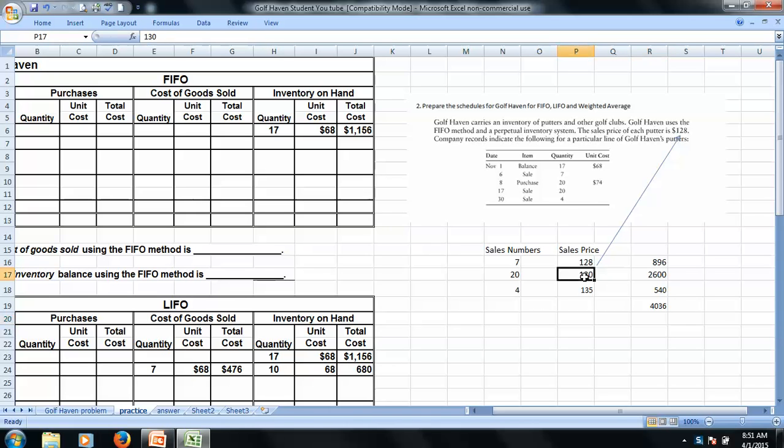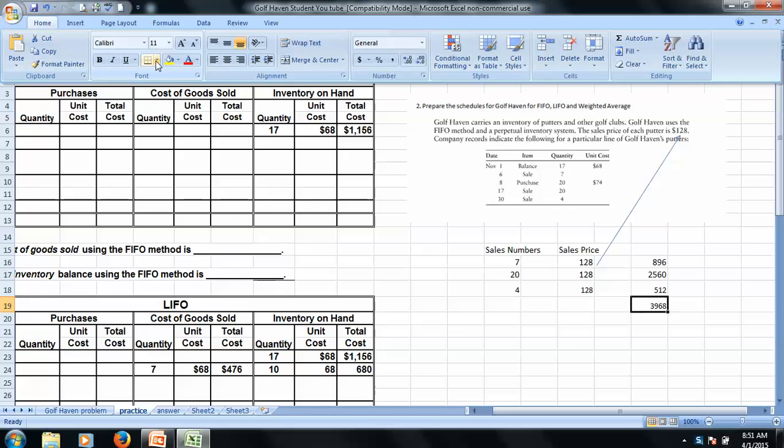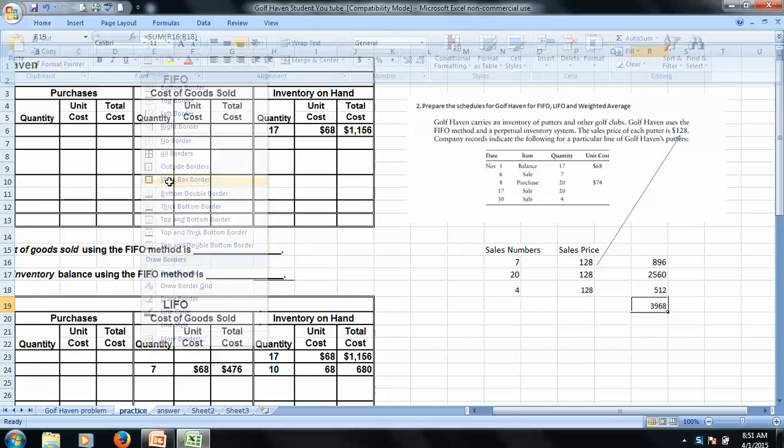But in reality, in this problem, we sold all of our putters for $128, which gave us a total sales revenue of $3,968.